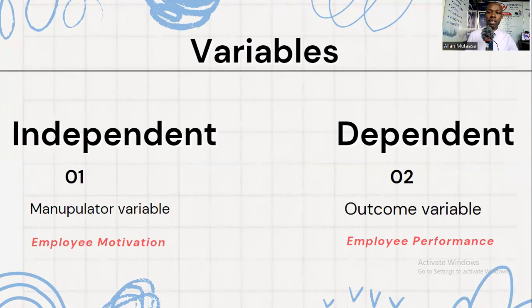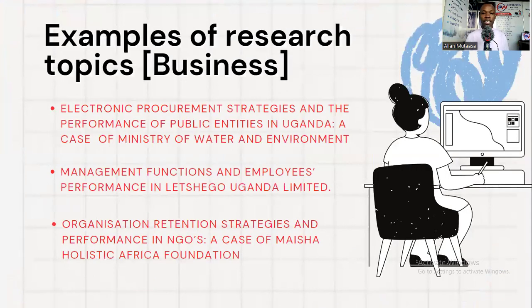If they are not motivated, something will happen. That is an independent variable. So the effect of employee motivation is going to be seen on the dependent variable, in this case, performance. So we shall say that employee motivation is going to impact employee performance. The dependent variable is also called the outcome variable. So make sure your topic has both the independent and the dependent variable very clear.